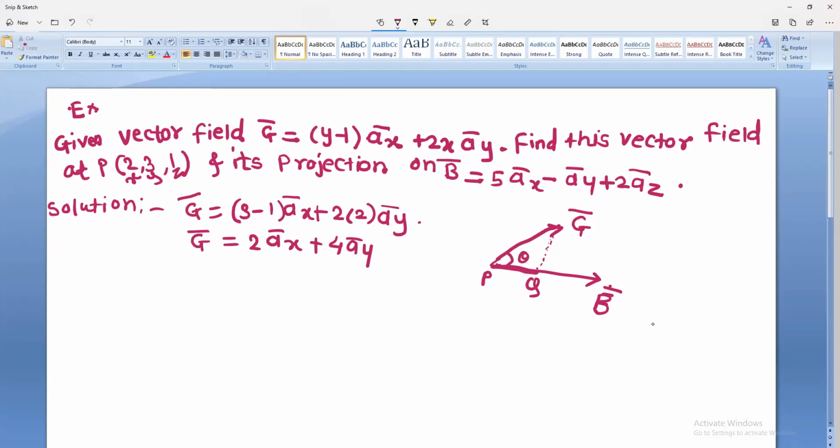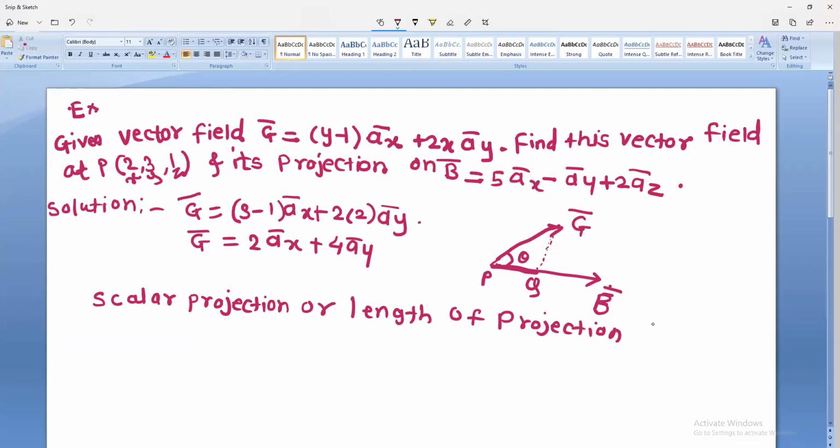Now what is the formula for scalar projection or length of projection? Projection or length of projection is given by that vector which you are projecting, right?